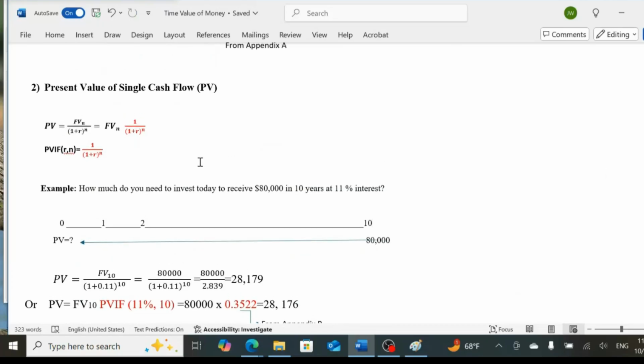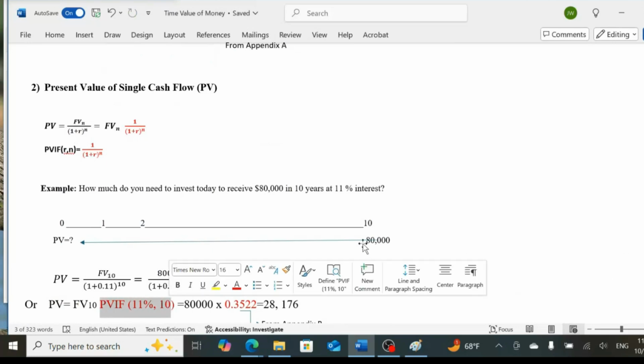We also can use the table. To find the present value, you go to the present value interest factor. This is like an exchange rate. This time you exchange future dollars to today's equivalent amount.